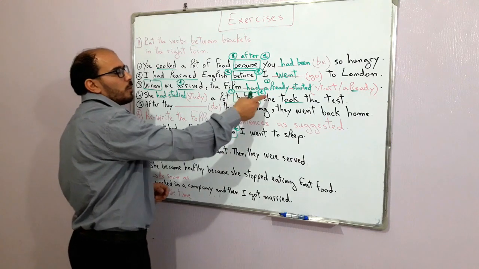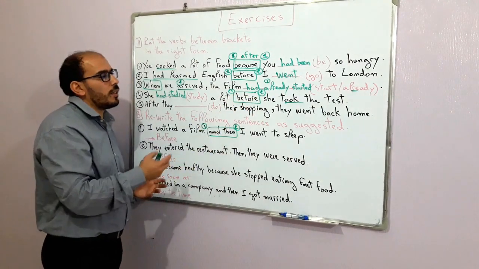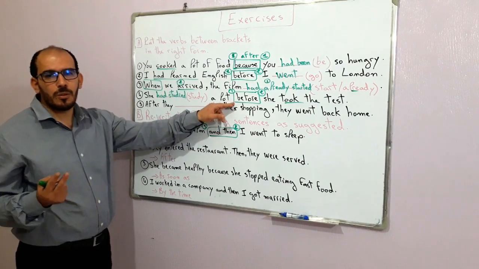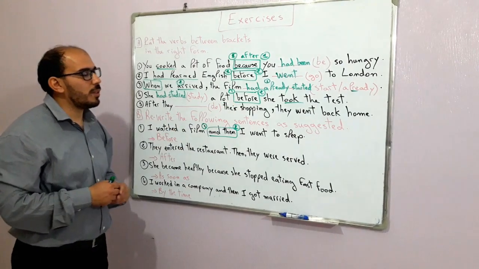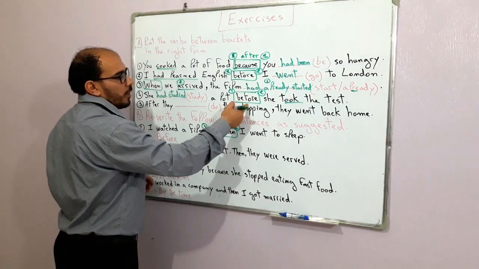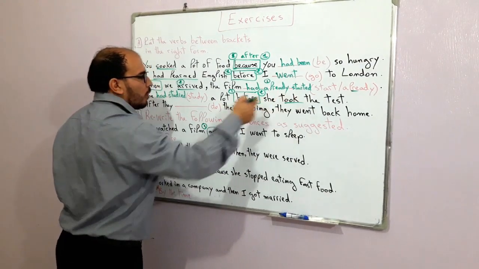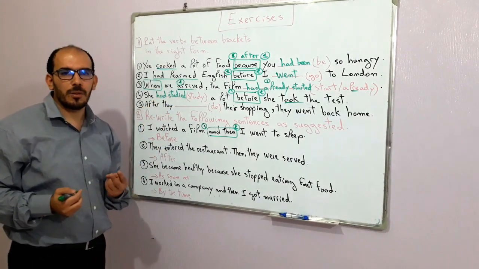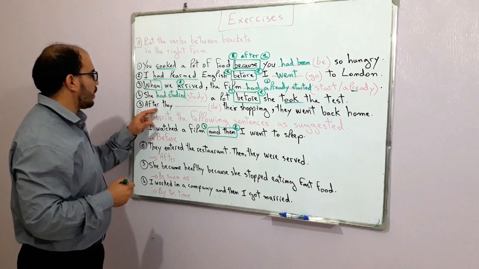So when they are followed by verb-ing or by a noun, at that time we are not talking about two activities or two actions in the past. But when we have verb, subject, object, and then we have another sentence with subject, verb, object, at that time we are talking about two activities in the past.